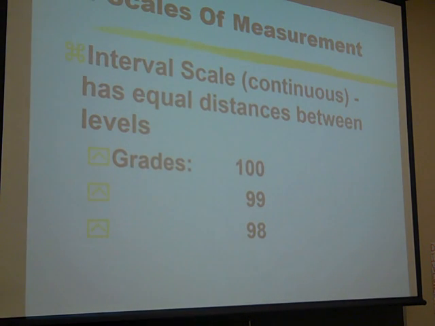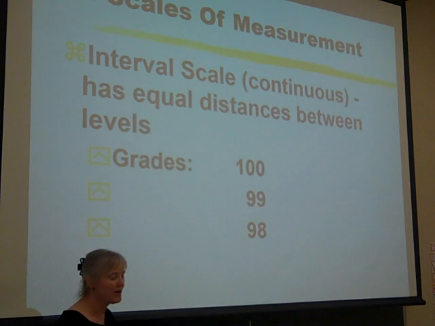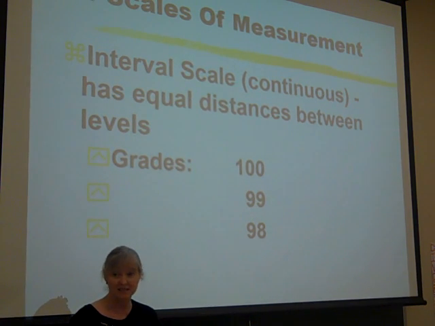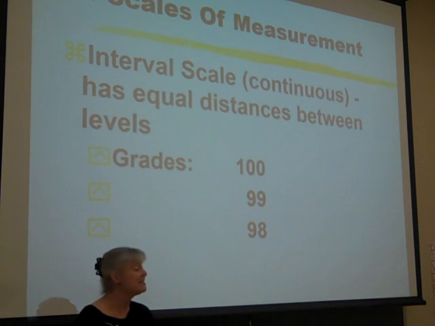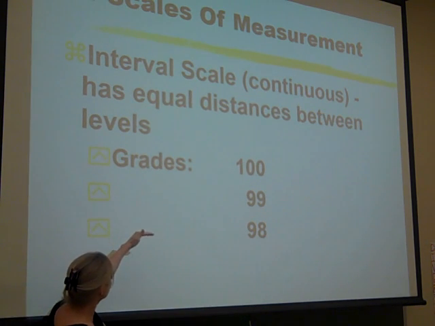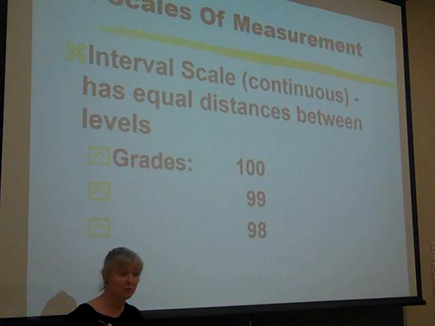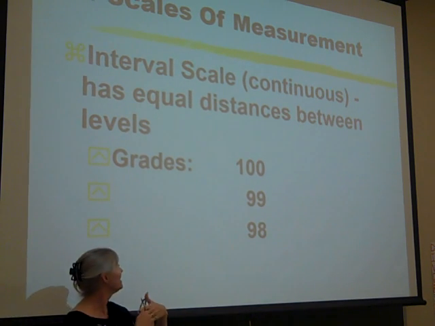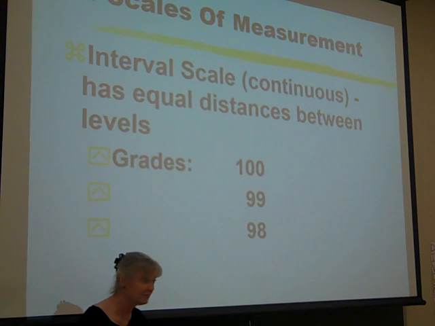The interval scale is what you are most familiar with when we're talking about data from tests, because the scores have equal distances between them. For example, take your third test, it was worth 100 points.